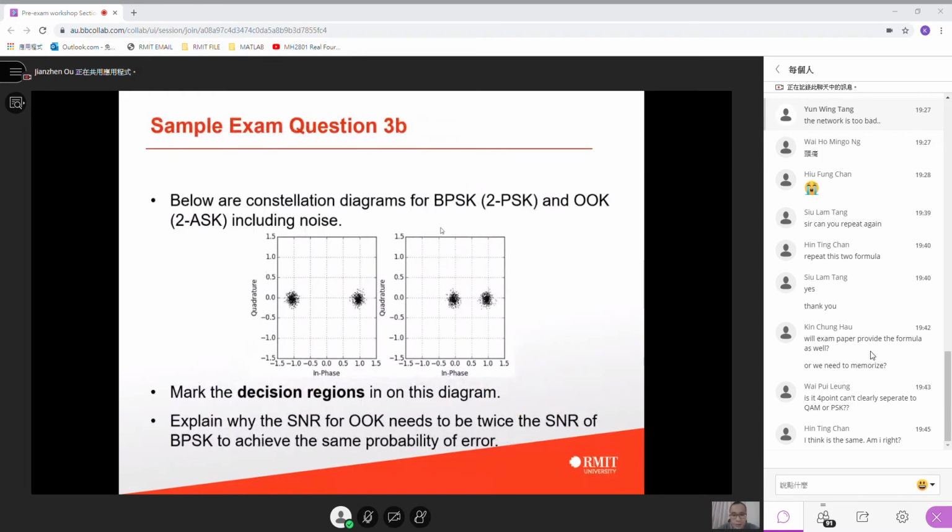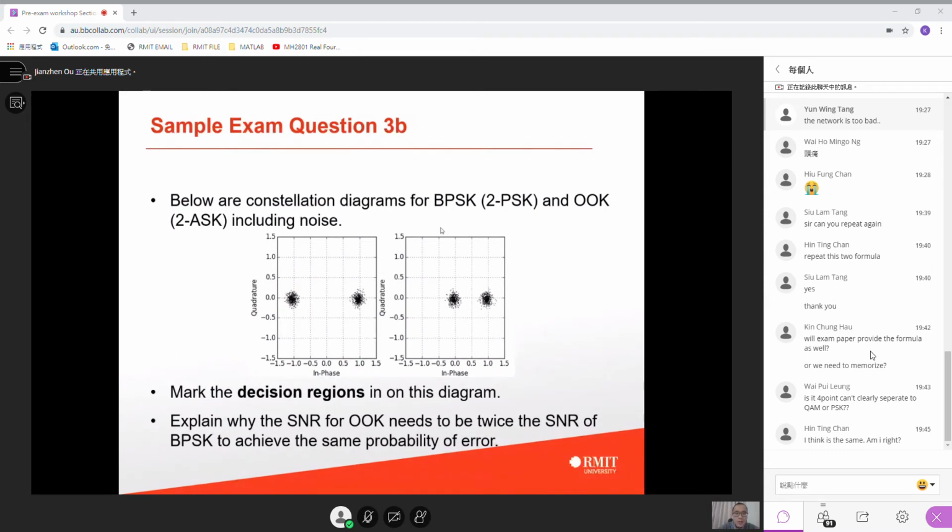Okay, so now we go to exam question 3B here. It also tests your understanding of the constellation diagram and tries to make students think about the decision regions.